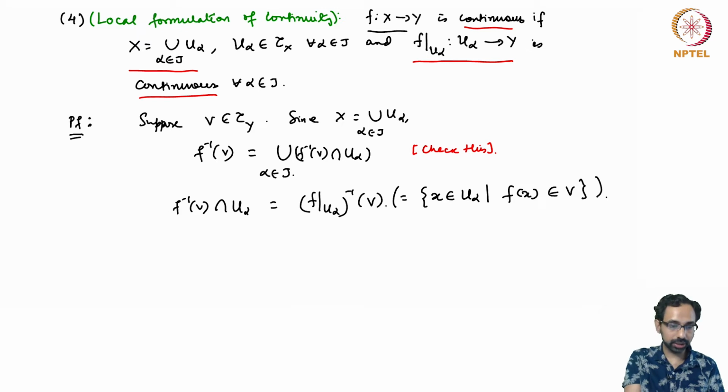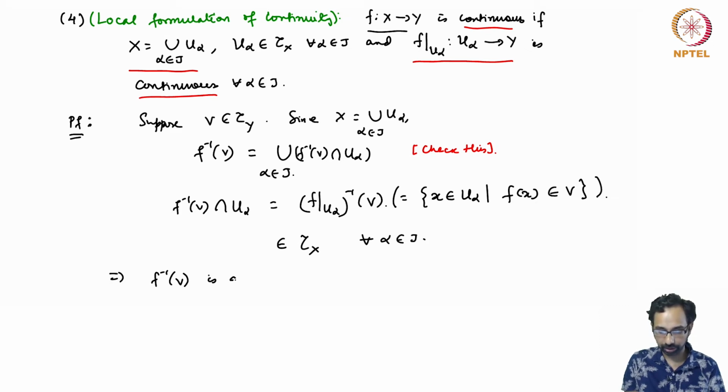So now since we have considered f restricted to U alpha to be continuous, this means that the inverse image of V under the restricted function belongs to tau X, and this is for all alpha in J. So this means that f inverse V is a union of open sets in X, which means that f inverse V is open.